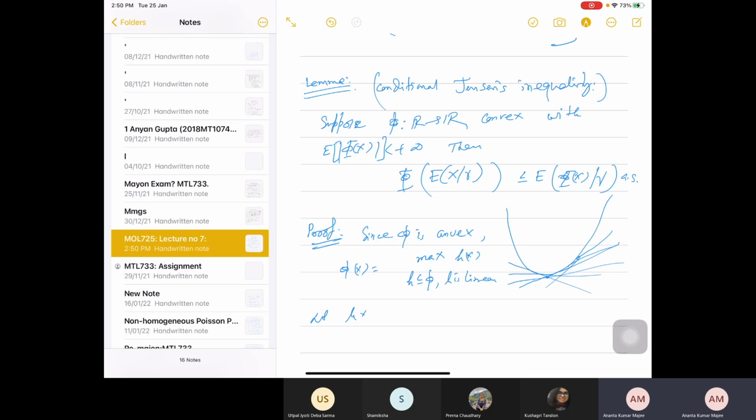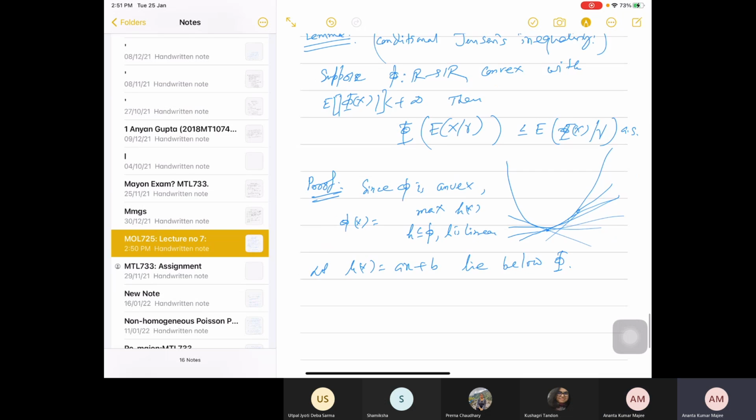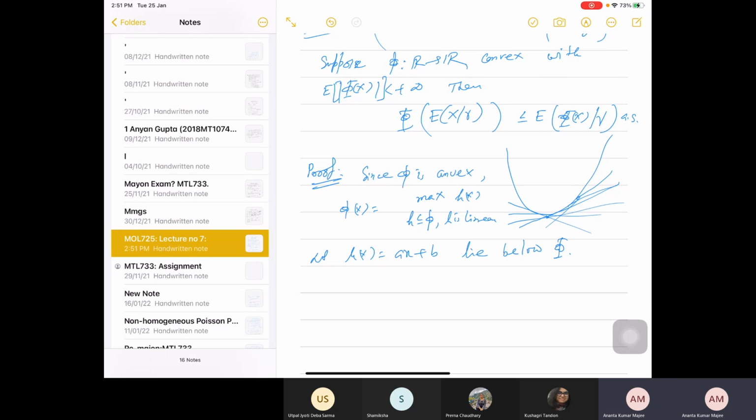So now let h of x be equal to, say, ax plus b. These are the only linear functions on R, no? Linear functions of the form ax plus b, which lie below phi, where phi is my convex function. So then what I can have is the expectation of phi of x given nu is less than or equal to the expectation over ax plus b given nu.